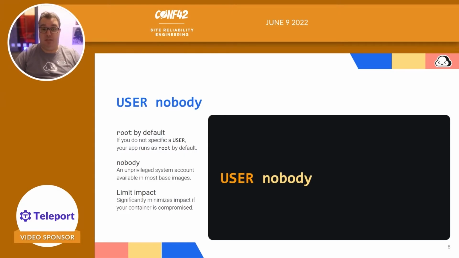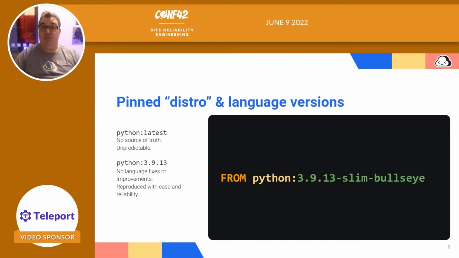Choosing a version number for your base image is often referred to as pinning. Some tutorials teach newcomers to pin their images to the latest tag. However, containers are meant to be ephemeral, meaning that they can be created, destroyed, started, stopped, and reproduced with ease and reliability.